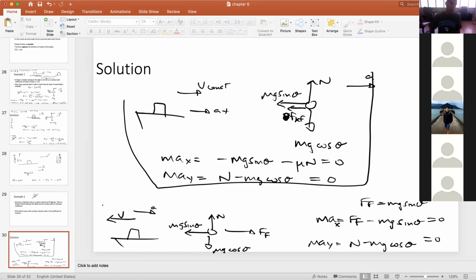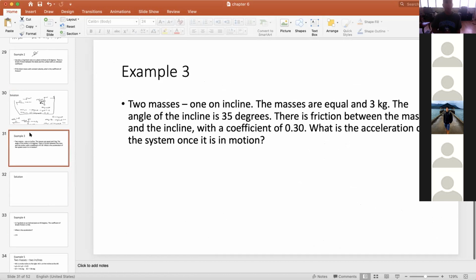All right, so anyway, enough with that one. This one is actually kind of fun. If you have a mass on an incline and you have a mass hanging, which is kind of what we did in the quiz today, the masses are equal.